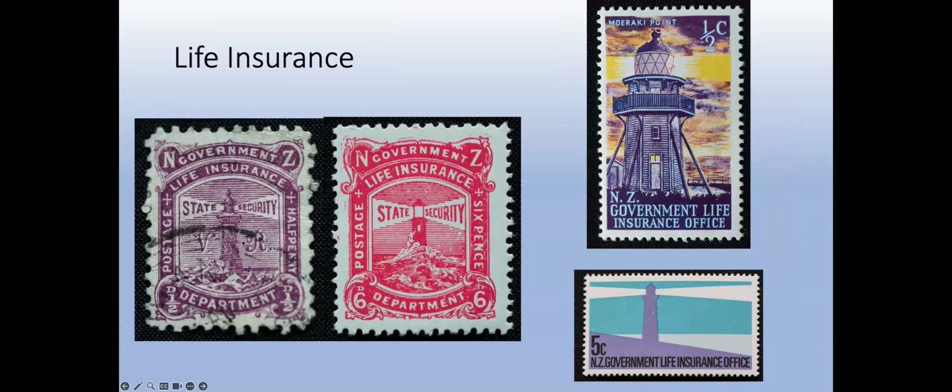She died in 1901, and they issued the same set of stamps in 1904, featuring the lighthouse without VR. These stamps continued to be issued until the 1960s. They featured the lighthouse, which was seen as an image of security.